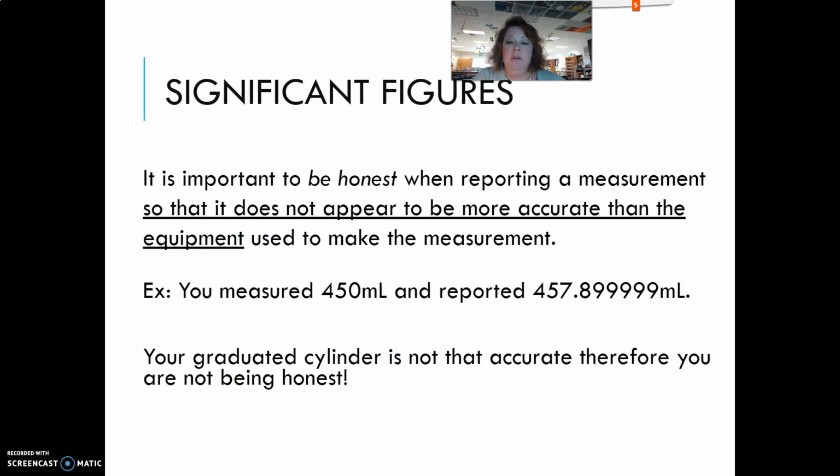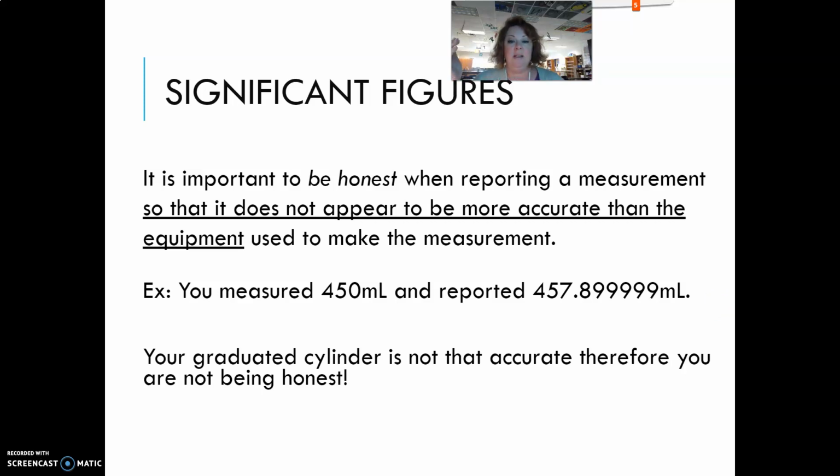So it is really important to be honest when reporting our measurements, so it doesn't appear to be more accurate than the equipment used to make the measurement. There's an example there where I give the example of calculating something that we measured mass for. Let's say you used your calculator and you ended up with, I don't know, 10 digits, and you put them all down.